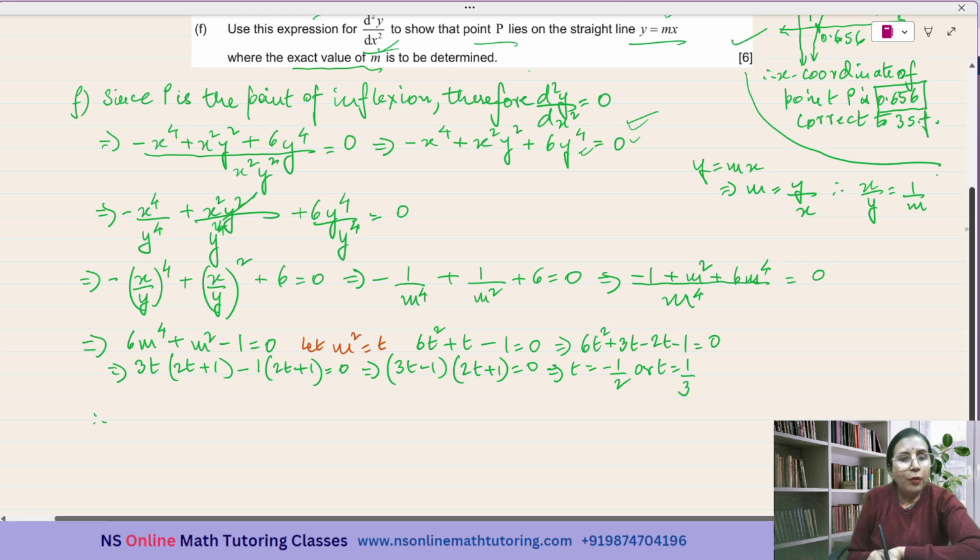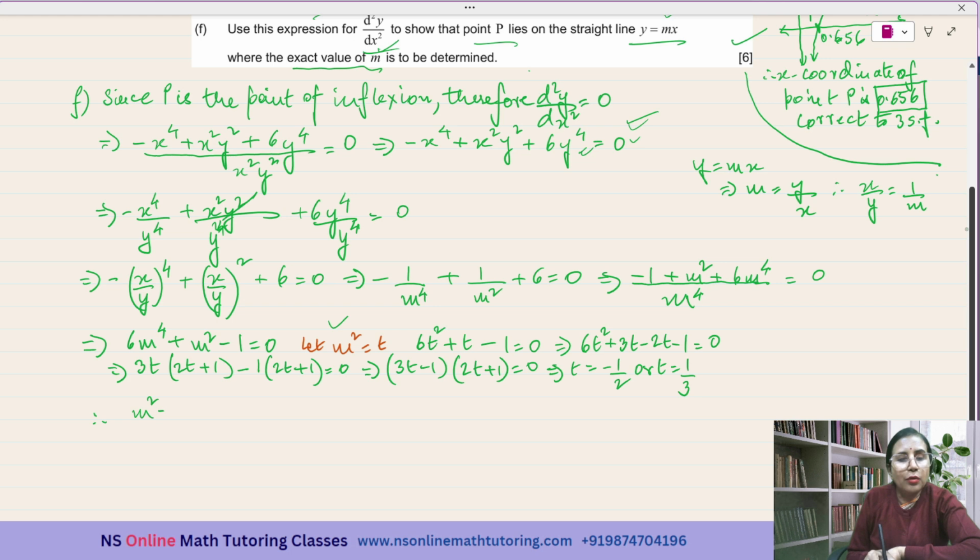Okay, therefore t was what? M square. M square is equal to negative half, which is absurd, cannot be negative. And therefore m square is equal to 1/3.